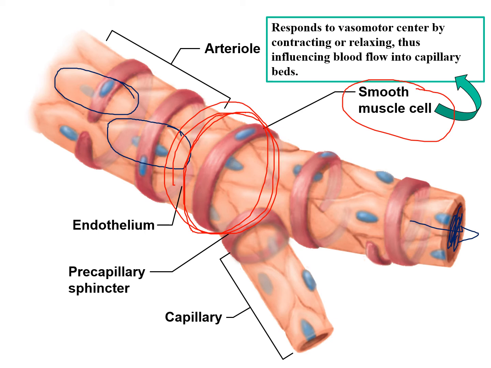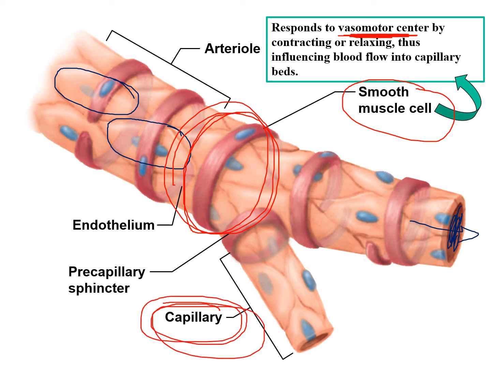And that's what the vasomotor center is going to do. Back to our vasomotor center. So the vasomotor center can stimulate these smooth muscles, causing vasoconstriction, or can cause these smooth muscle cells to relax, causing vasodilation. And that has a direct impact on blood flow into capillary beds, because that's our next blood vessel that we're going to talk about.